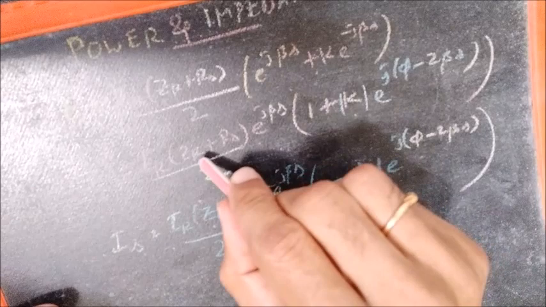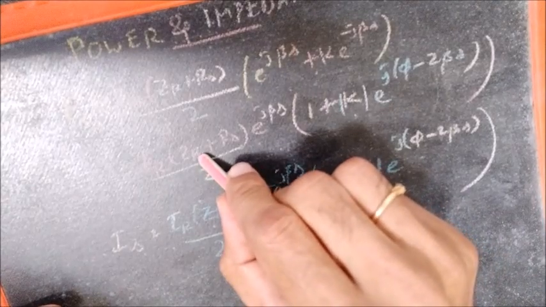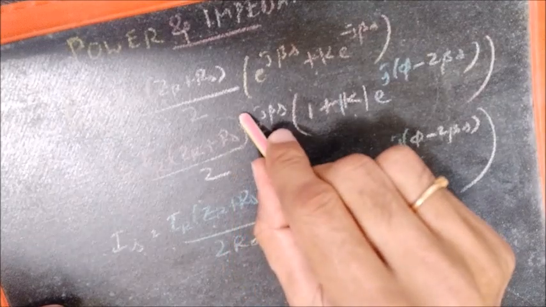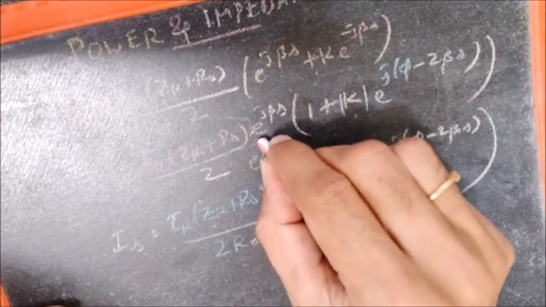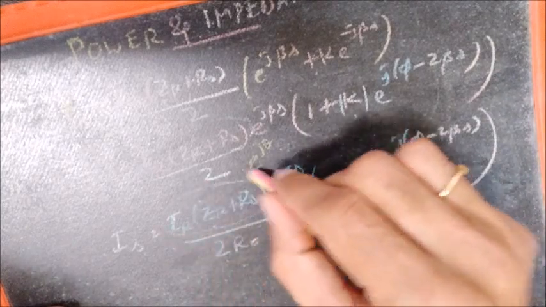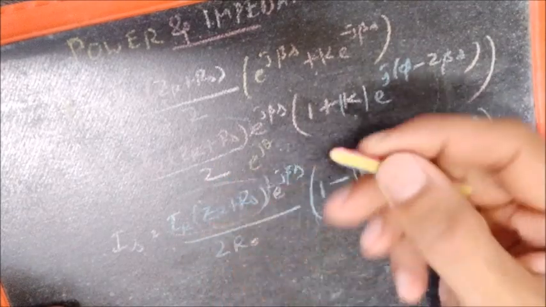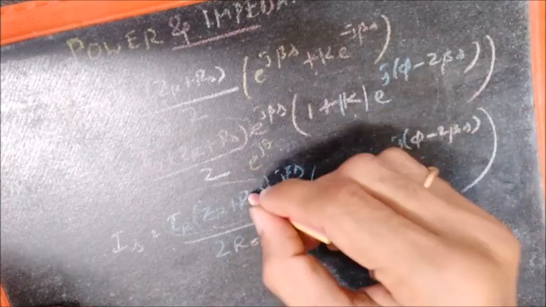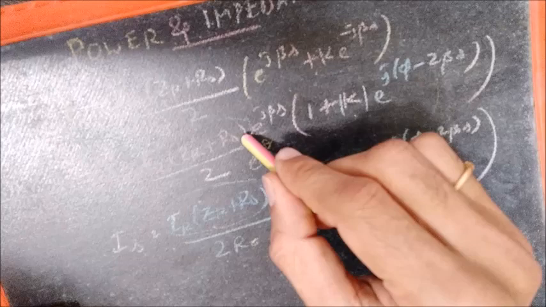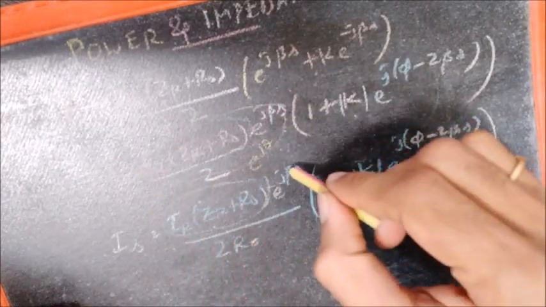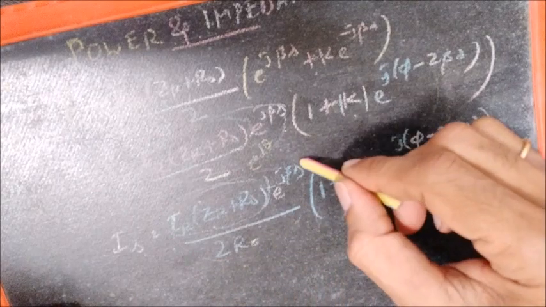Now ZR is complex in general, which means that this as a whole will have a phase term, say e raised to j theta. And this is also the same term as you have here. This is ZR, the load impedance, which can be complex in general. So e raised to j theta will be its phase also, which means that if you look at the phase part of this as well as this, the phase part is the same.